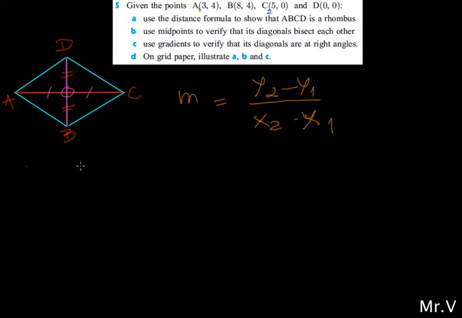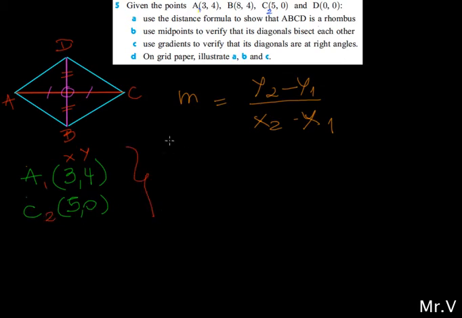So let's find out first what is the slope for AC. So AC, I'm going to write here my point A, that is 3, 4. Okay, we're going to go classic method, and 5, 0. X, Y, and 1, 2.